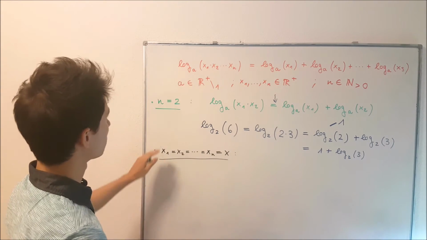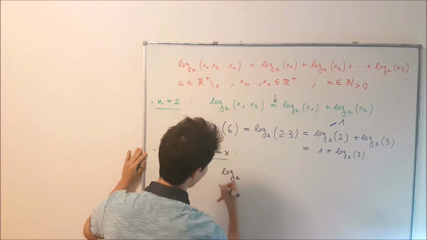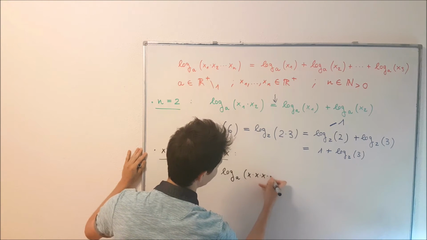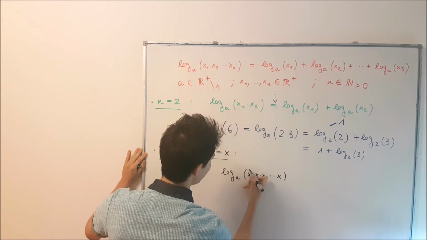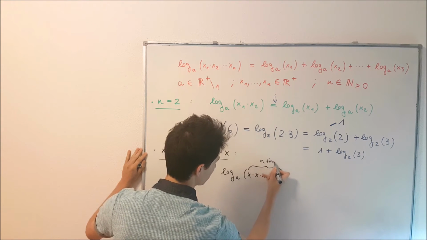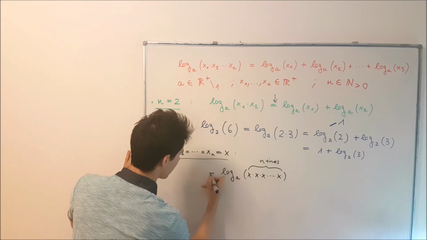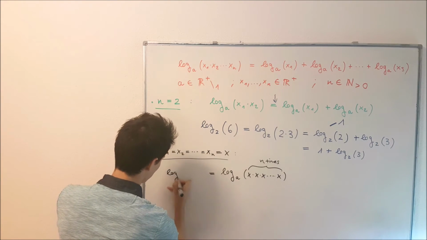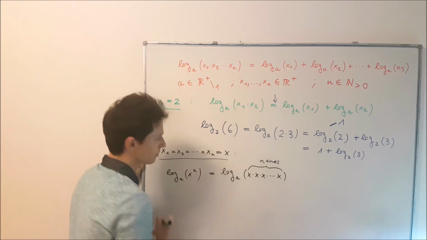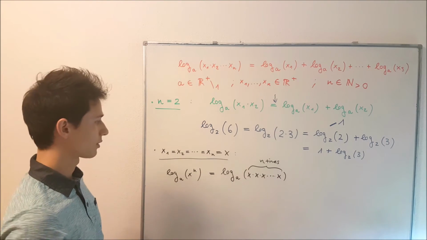We would get the log to any base a of x times x times x and so on, so n times. Then this can simply be rewritten as the log to base a of x to the power n, right? Because we simply multiply x n times with itself.